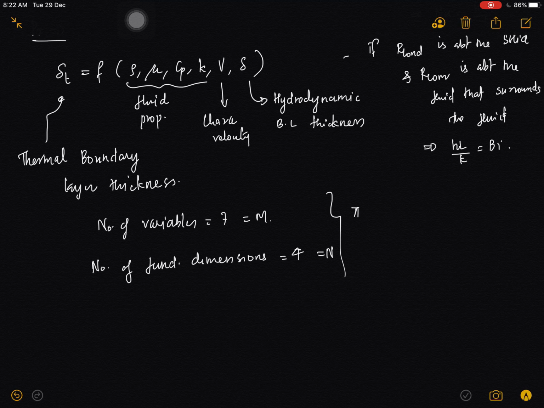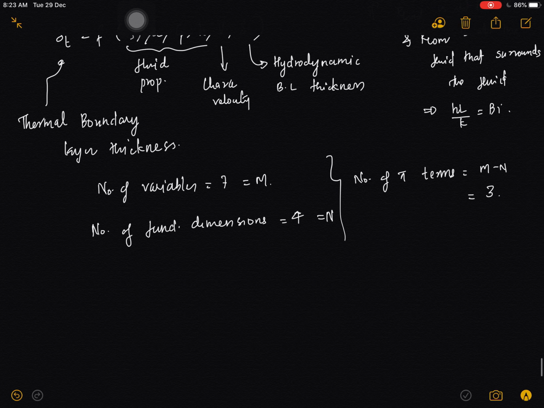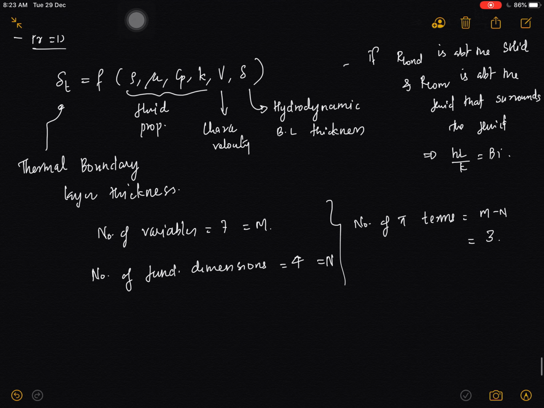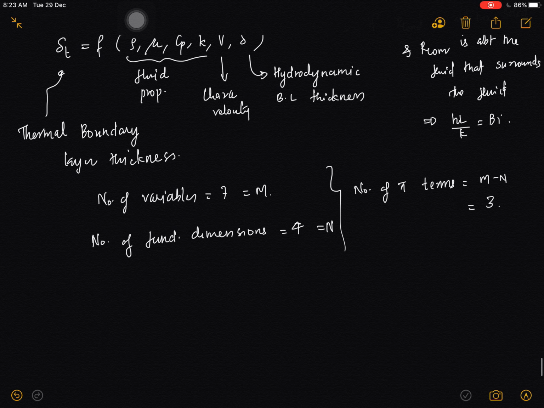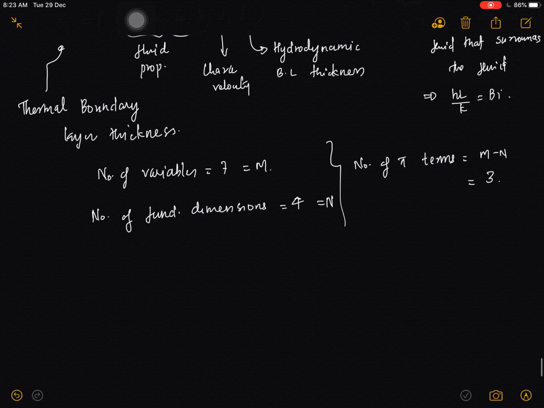And from these two we can determine the pi terms, that is, the number of pi terms is equal to m minus n, which is nothing but 3. Okay, so we have 3 pi terms, and we are determining this phenomenon of delta T by using the Buckingham pi theorem.